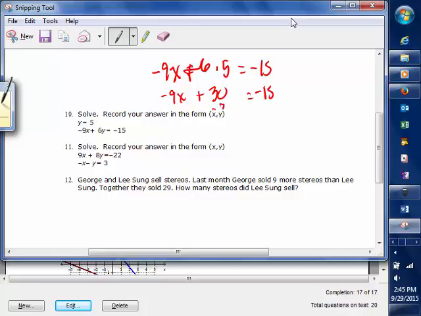Subtract 30 from each side. So negative 9x equals negative 45. Divide both sides by negative 9. So x is 5. So our answer is 5, 5.